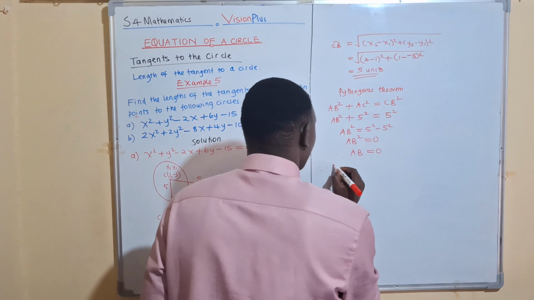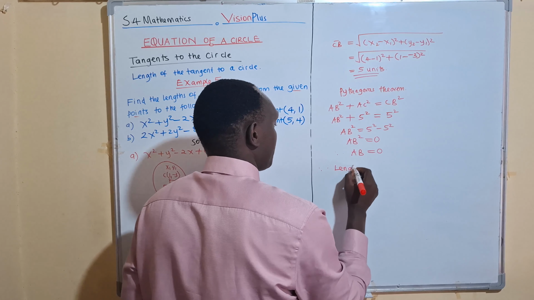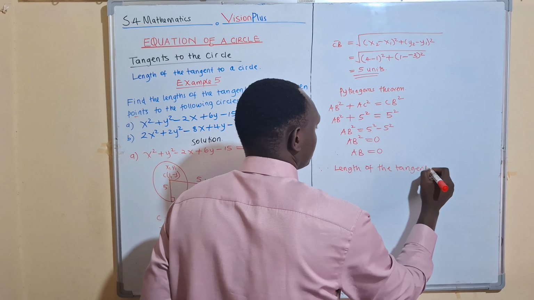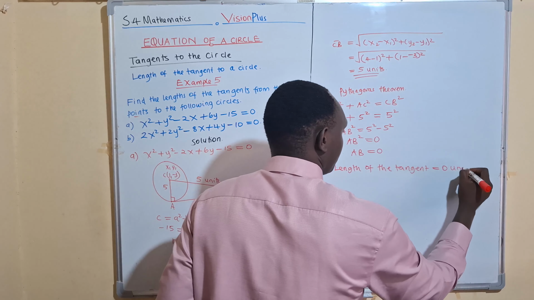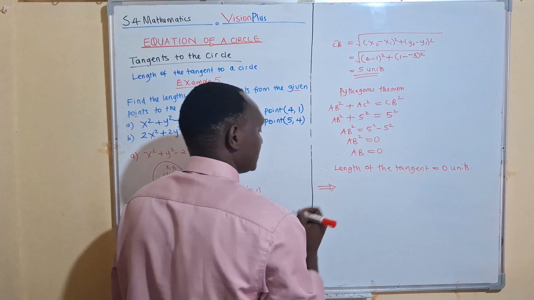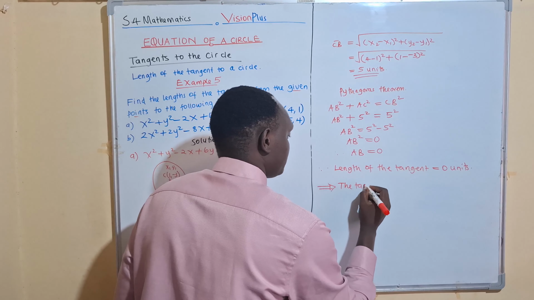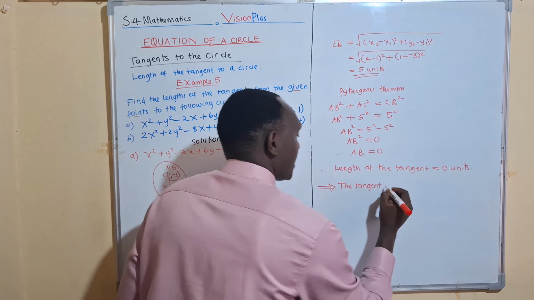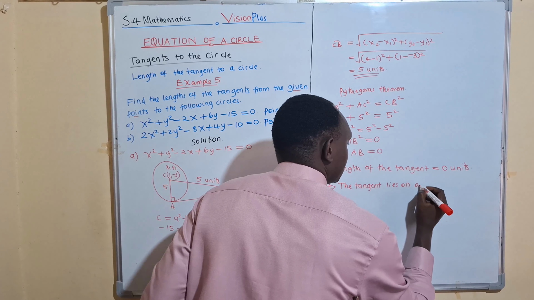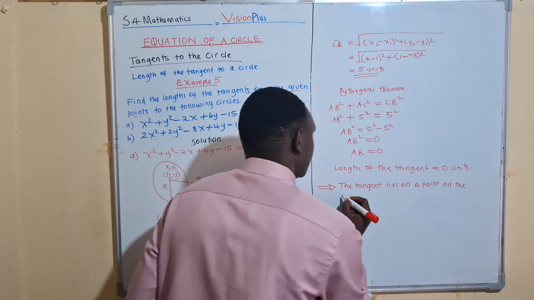Therefore, the length of the tangent is 0 units. And we say that this implies that the point lies on the circumference of the circle.